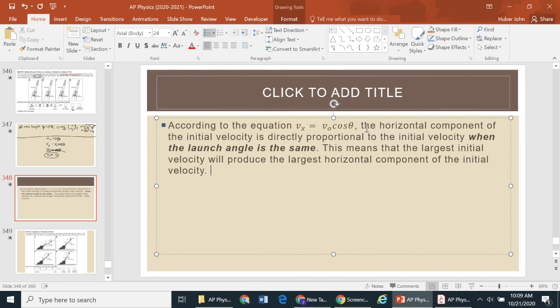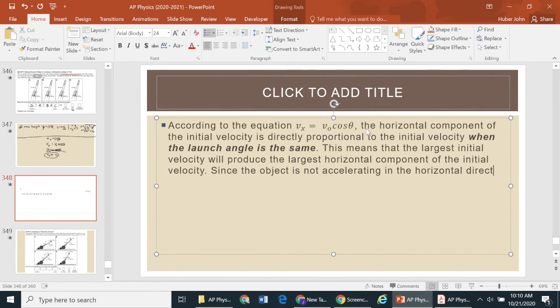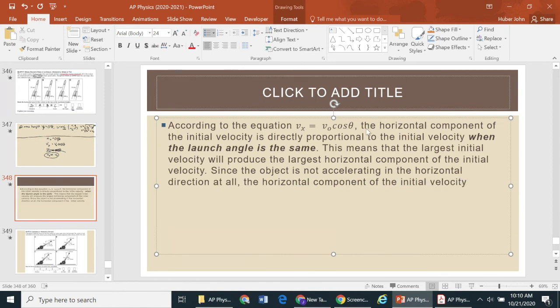And then, of course, just to apply this directly to the situation here, it's crucial, since we're talking about the initial velocity, that we mention, since the object is not accelerating in the horizontal direction at all, the horizontal component of the initial velocity remains constant throughout the trip.